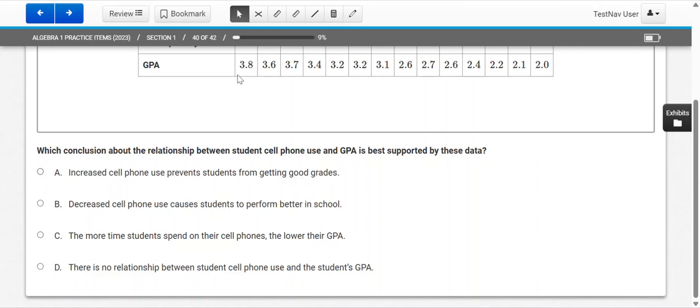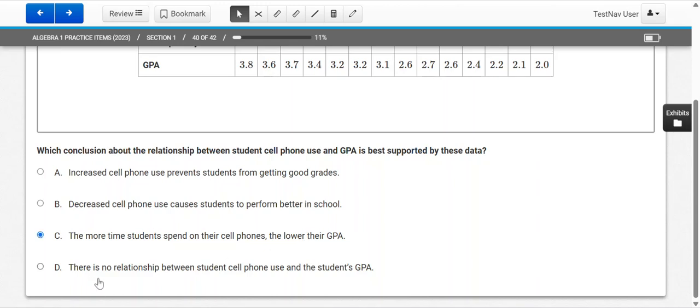Maybe, because your grades do impact your GPA, but I don't think that's exactly accurate here. Decreased cell phone usage causes students to perform better in school. I could say this one, yes, that sounds about right too, but it's all about the wording. We want to be more specific, okay? The more time students spend on their cell phones, the lower their GPA.